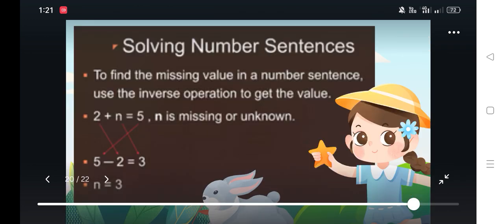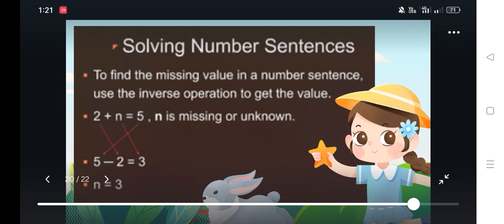And lastly, take a look at this. Solving number sentence. To find the missing value in a number sentence, use the inverse operation to get the value. Let's say for example, 2 plus n is equal to 5. So n means our missing number or unknown. Again, use the inverse operation.